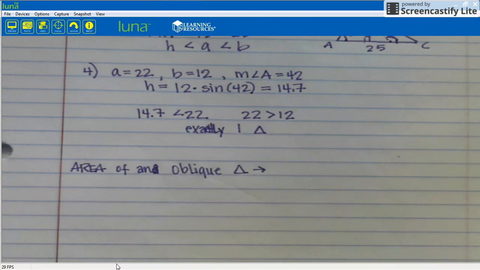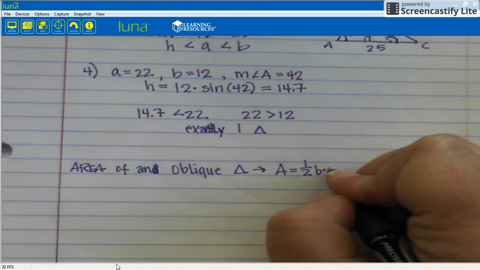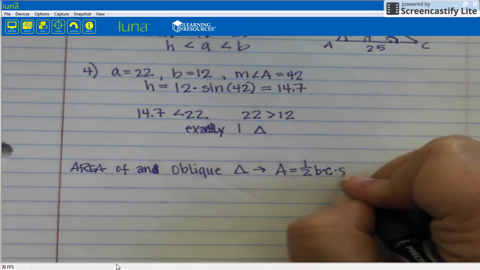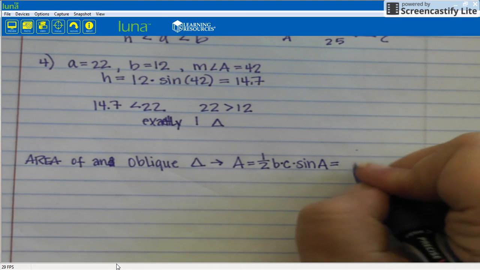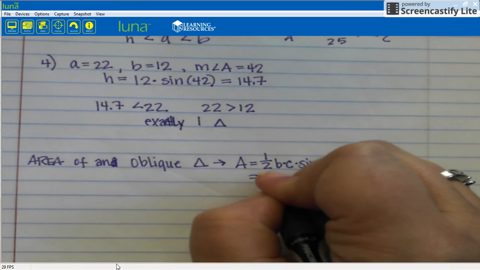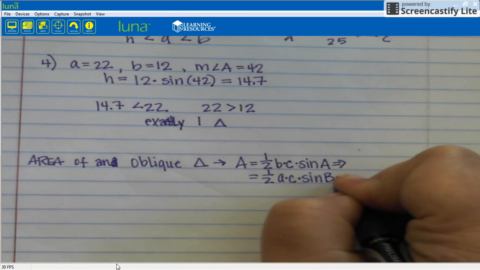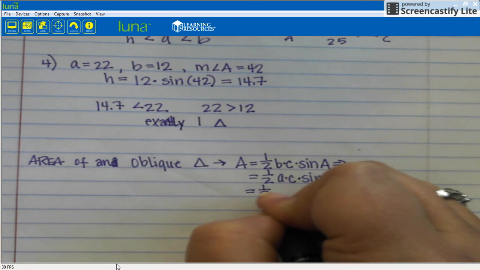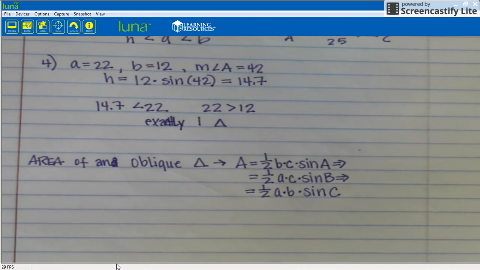To find the area of your oblique triangle, your area is equal to 1/2 side B times C times the sine of angle A, or you could have 1/2 A times C times the sine of angle B, or you could have 1/2 A times B times the sine of C, depending on the pieces of information that are given to you. So in the next video, we'll work through some example problems and get you started on some exercises.